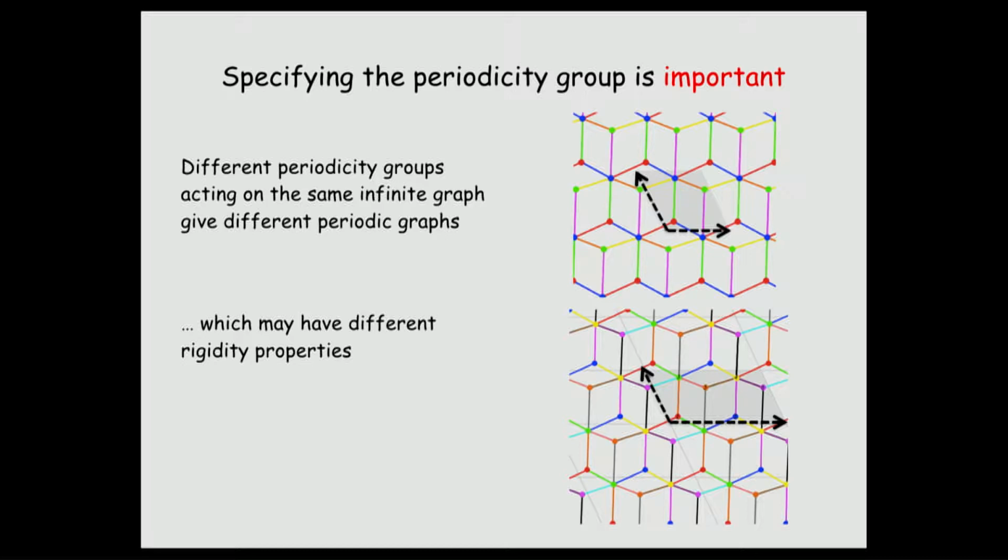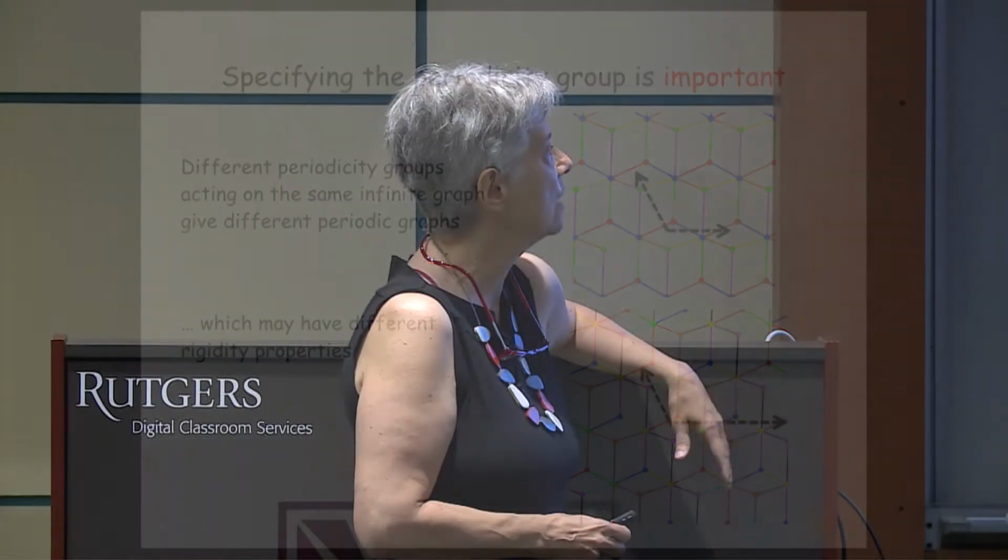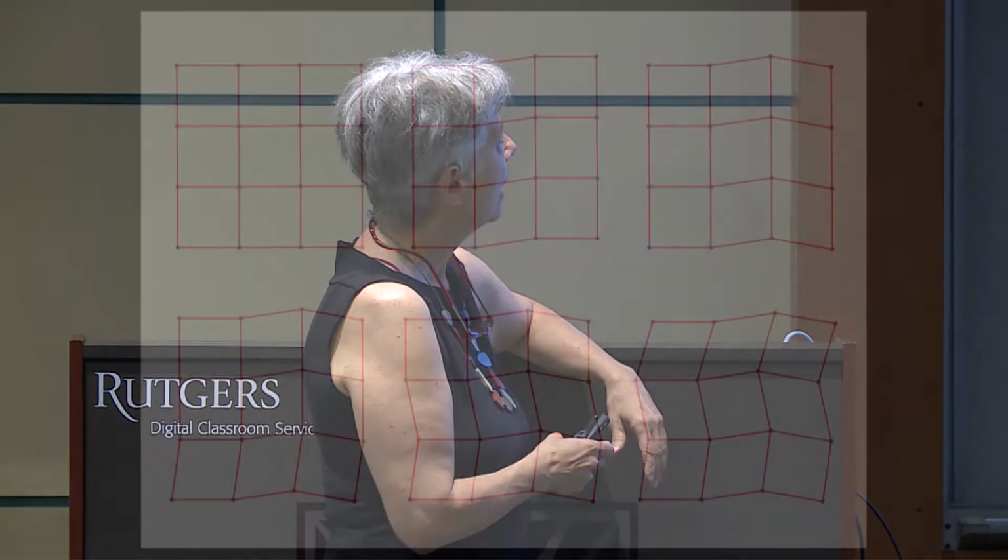So it's important. And that is actually what triggered our interest in this topic, because various types of paradoxes appeared in the literature, and without good mathematical definitions, you are lost and don't quite know how to address those problems. In particular, if we think about the square lattice and you take this as the unit cell, it will have one vertex representative and it's flexible, with just 1 degree of freedom, the way the 4-bar mechanism deforms.